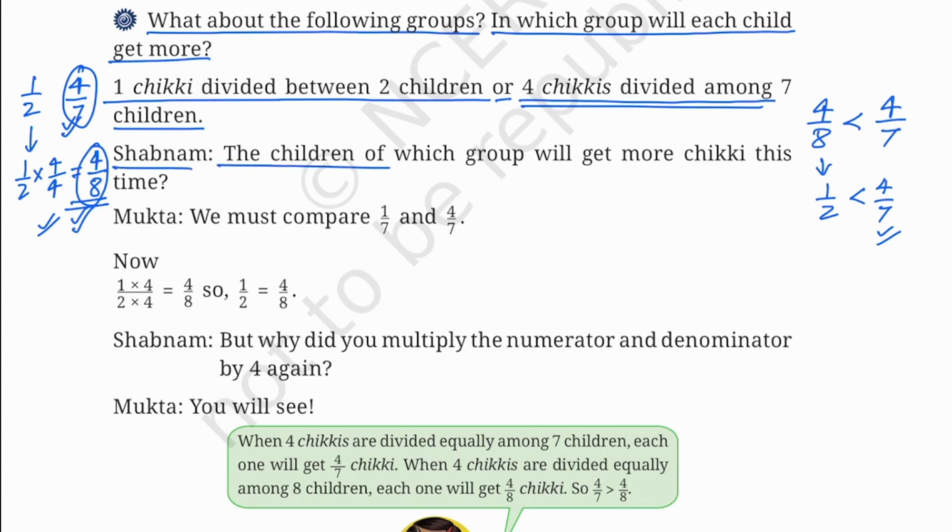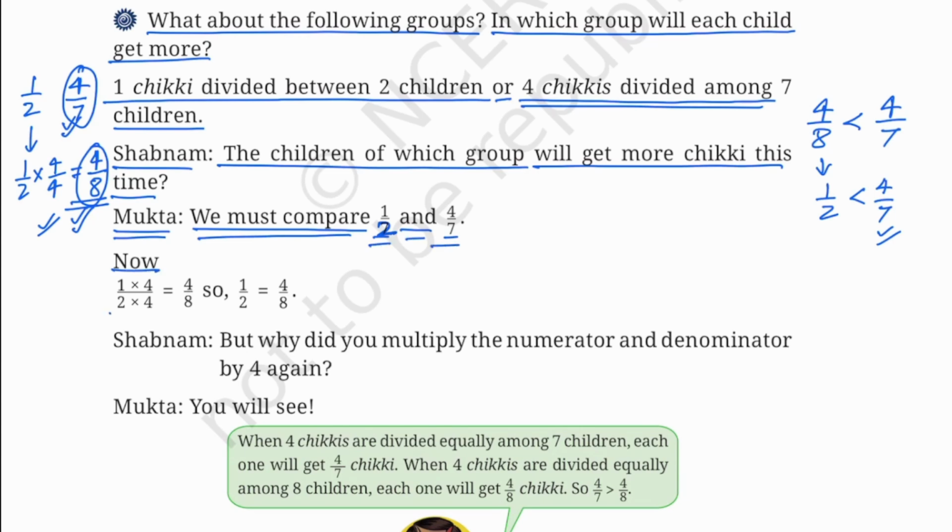Subnum, the children of which group will get more chickie this time? Mukta, we must compare 1 upon 7 and 4 upon 7. By mistake, here written 1 upon 7. Mukta said, we must compare 1 upon 2 and 4 upon 7.